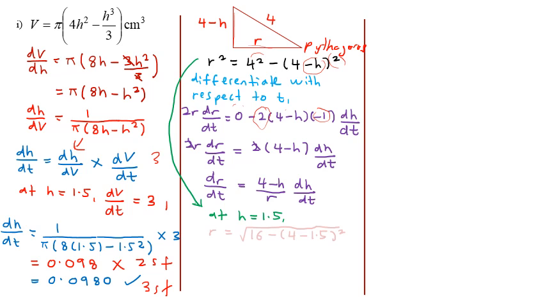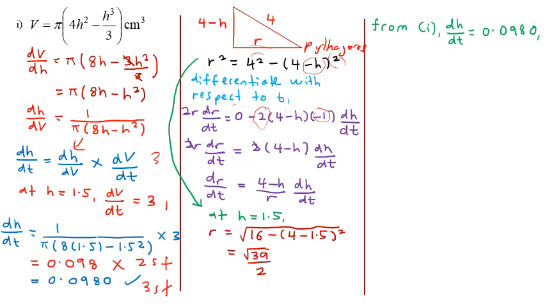When h equals 1.5, we just substitute. We bring the square to become a square root on the right hand side. So square root of 16 minus (4 minus h) squared. Substitute h with 1.5. Okay, straight away press your calculator and we get root 39 over 2. That is the value of r.